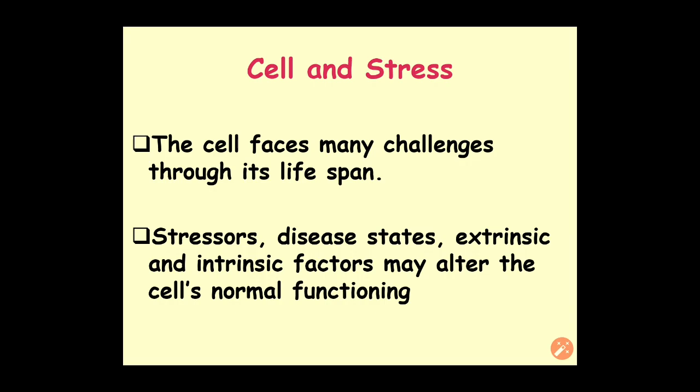The cell will respond to that in a couple of ways. That's going to depend on the type of injury, the amount of injury, and the duration of the injury the cell is exposed to. Now, there are types of injury that result in simply cell death right away, right off the bat. For example, if the cell is facing chemical exposure, a chemical poison, if you will.